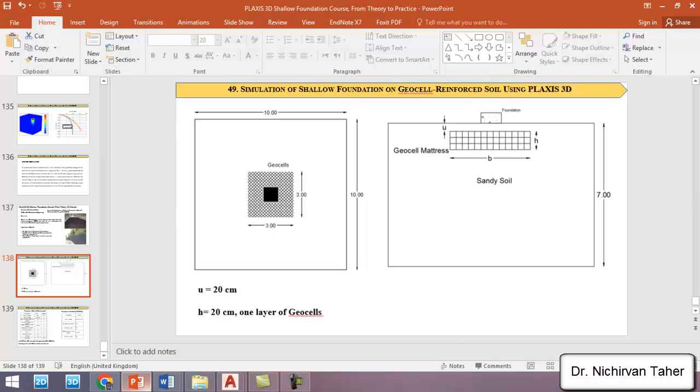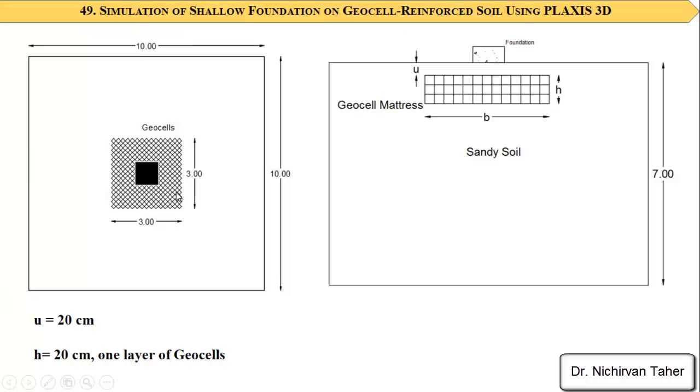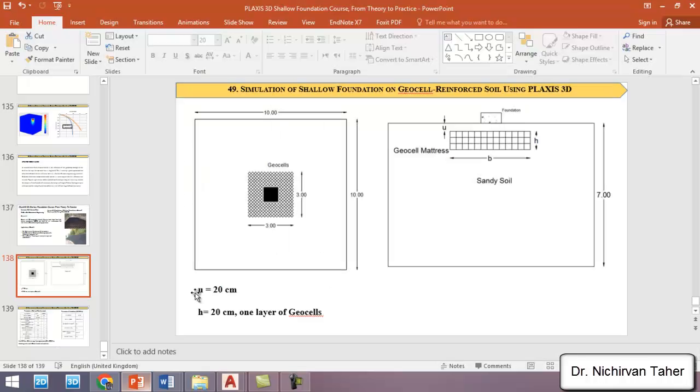We will use this triangular pattern of geocell, and we will use only 1 layer of geocells, located 20 centimeters below the foundation, and the height of the geocell is also 20 centimeters. We will use 1 single soil layer, which is a sandy soil, 7 meters deep.